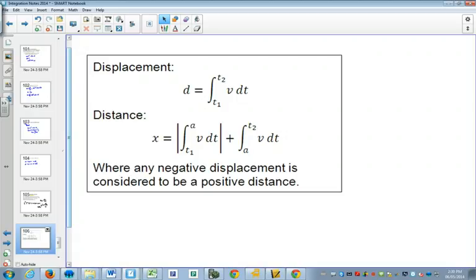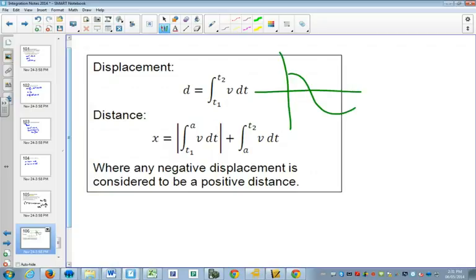So displacement will just be the integral, because the integral will take into account anything that's positive and negative, and just get you the displacement. If there's a place that's negative, you have to do the absolute value of those different things, because for example, if you had a graph like this, and you wanted to find the displacement from here to here, this part of it will say that part of it's going up.